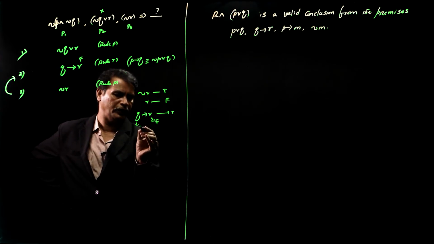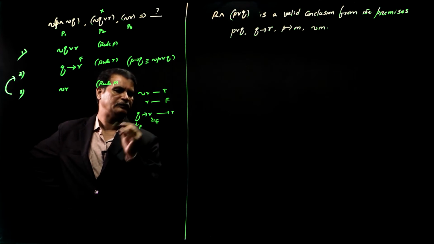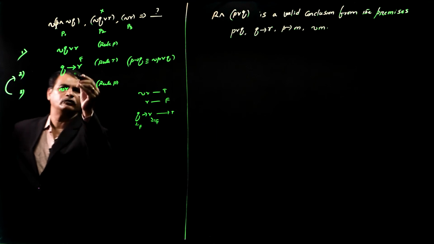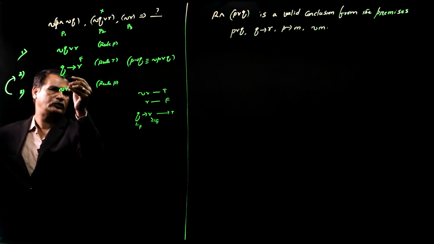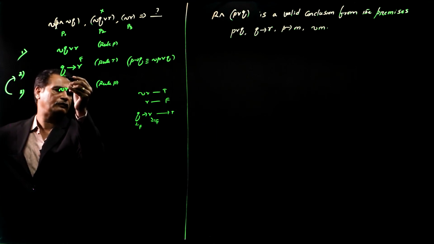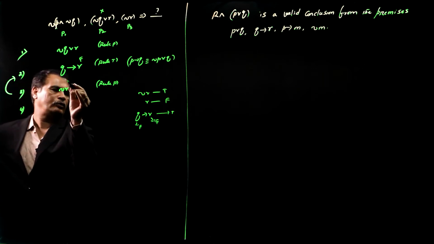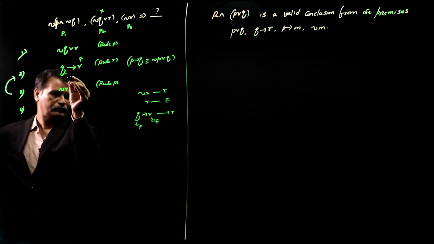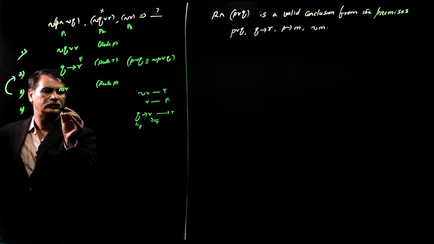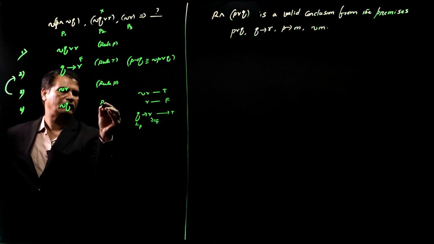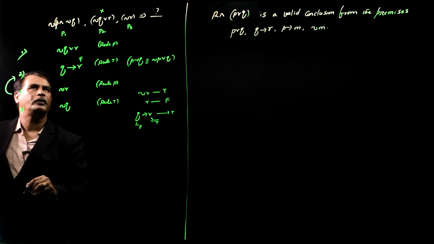So Q should be false. False implies false is true. So from these two steps, I know that the truth value of Q is false, but it should not be written that way, so I write it as negation Q. It is obtained from these steps. This is rule T.